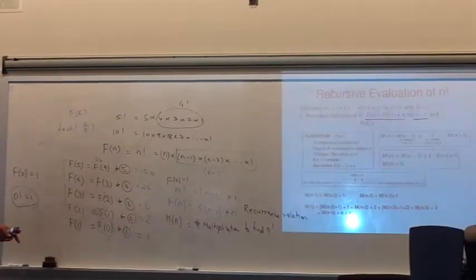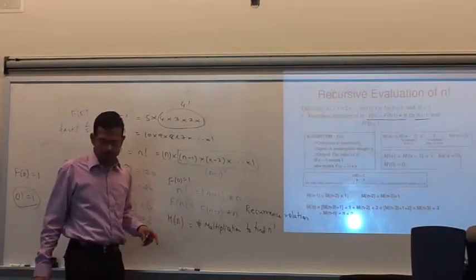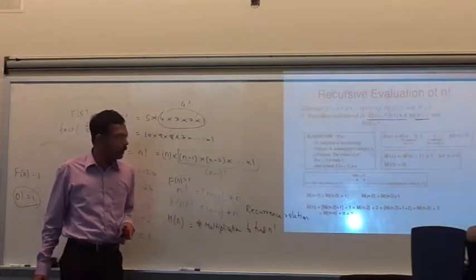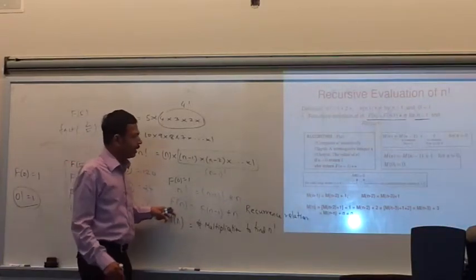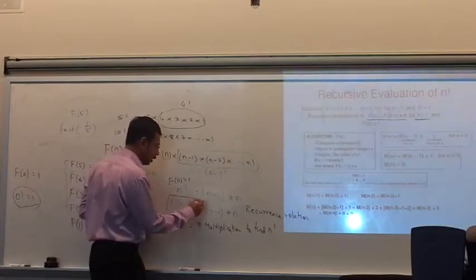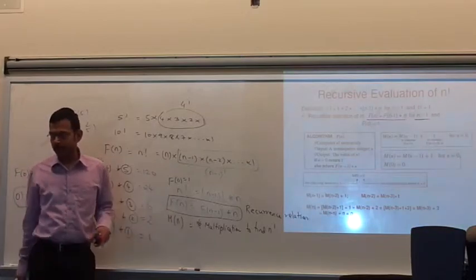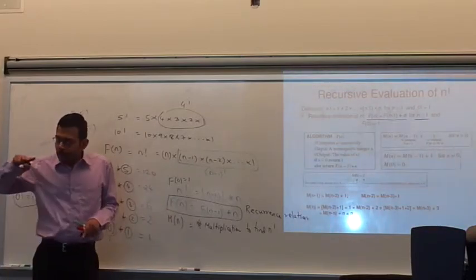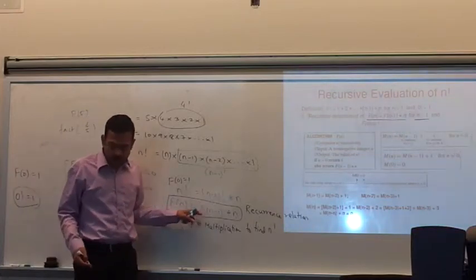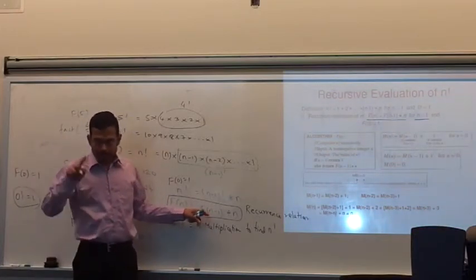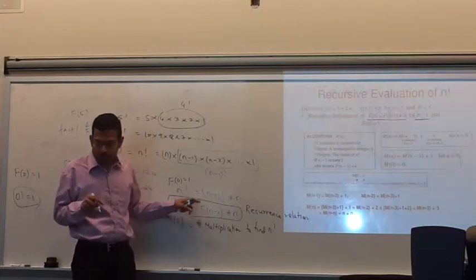So now let's go and analyze the time complexity in terms of the number of multiplications. So how many multiplications are needed to find n factorial? Okay? If you see the recurrence over here, to find n factorial, I need to know n minus 1 factorial, right? So whatever the number of multiplications I would encounter to find n minus 1 factorial, that many multiplications, then how many more multiplications do I have to do to find n factorial?